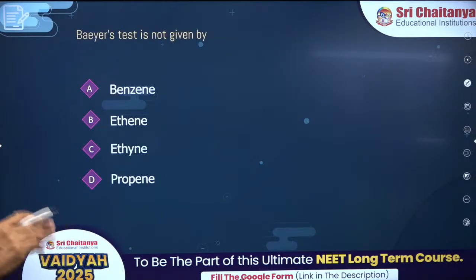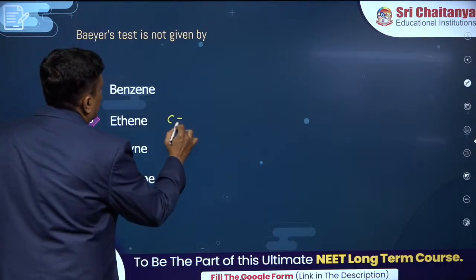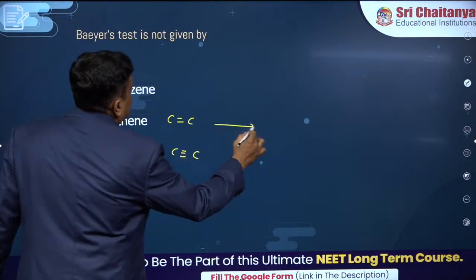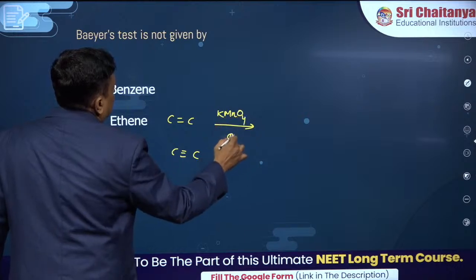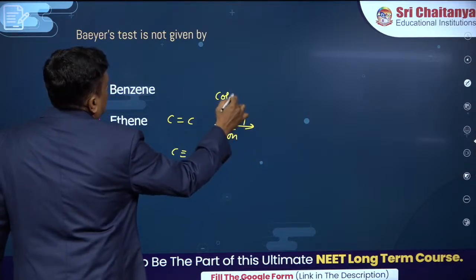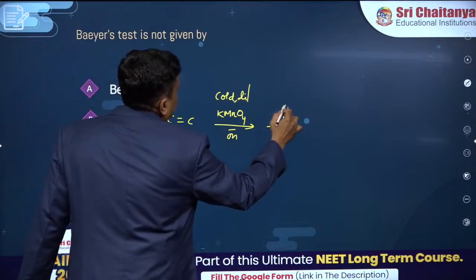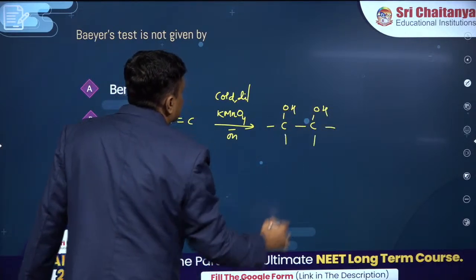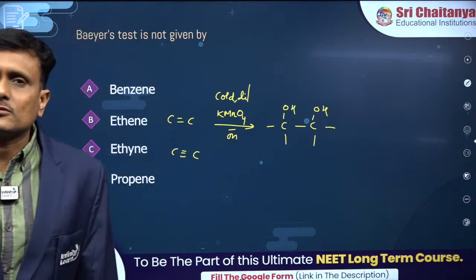Yes. Baeyer test, cold dilute KMnO4. You know that the compound which has a double bond or triple bond is added to this Baeyer reagent, cold and dilute. Remember, this is opposite to what you have studied during the first discussion, where hot KMnO4 will act as an oxidative cleaving agent, whereas cold dilute will just oxidize the bond, does not break it.